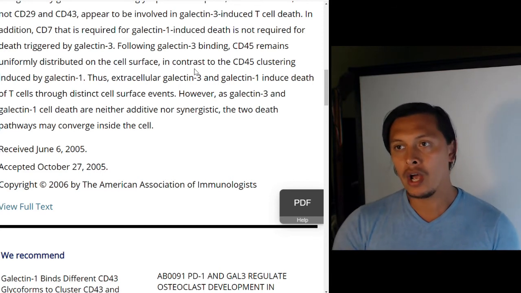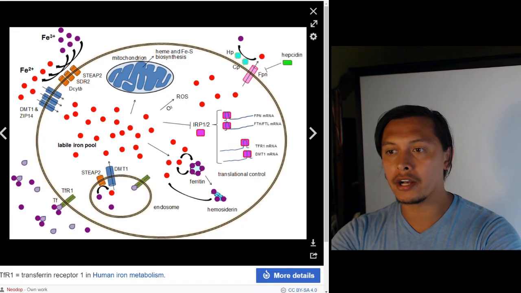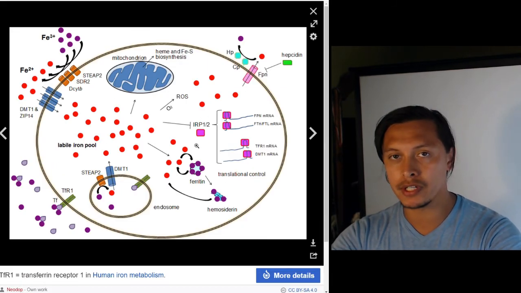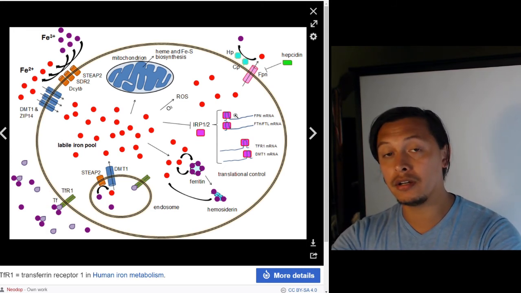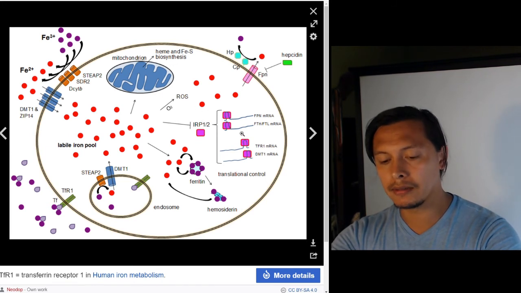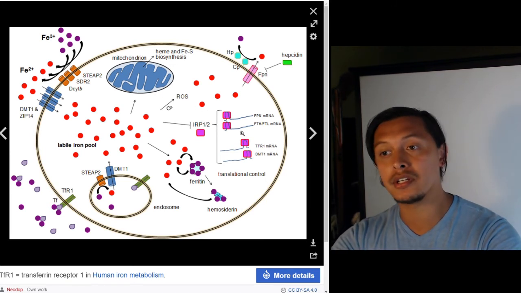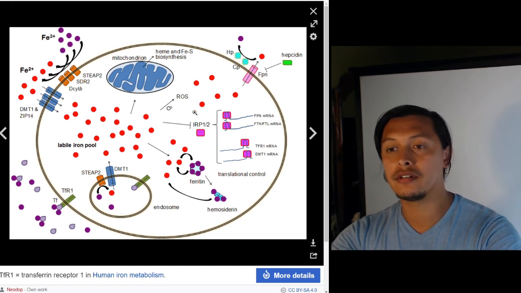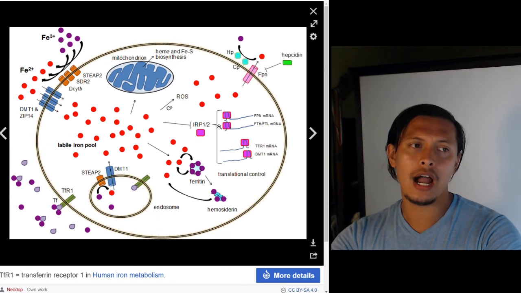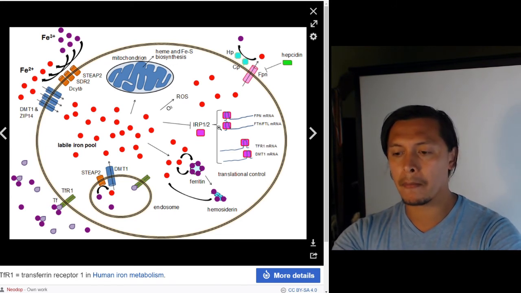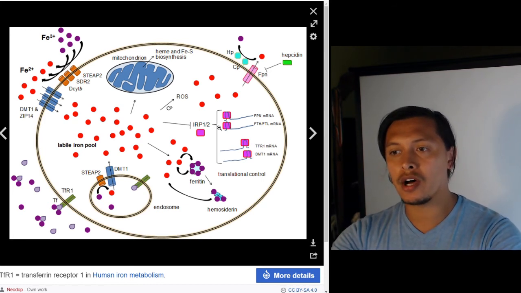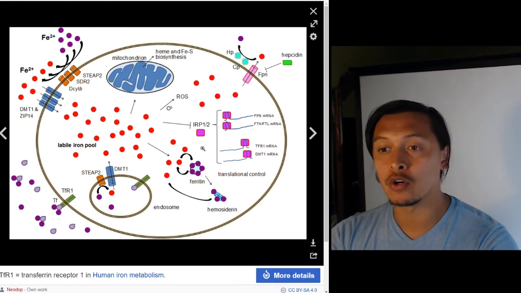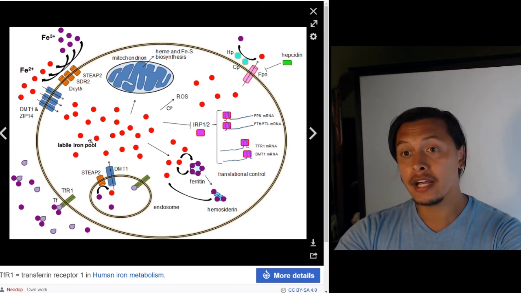And in my next video, I am going to go over a little bit more on what these iron responsive element proteins 1 and 2 are and how this could theoretically be bridging between galectin-3 binding protein and galectin-3, and how some of the problems that we are experiencing with COVID-19 could be the result of the dysregulation of iron responsive element binding protein, which could be the result of having way too much labile iron in the solution.